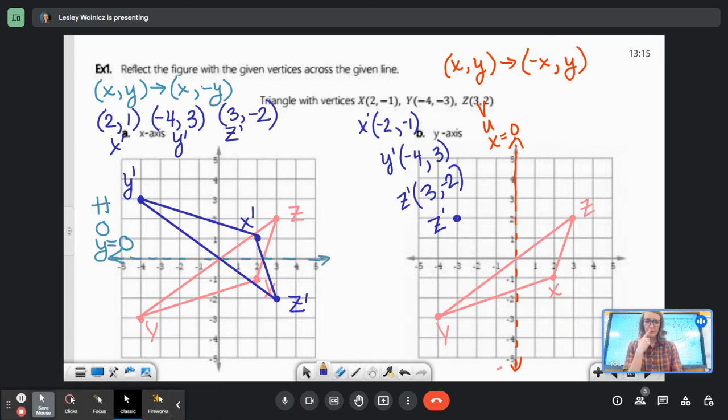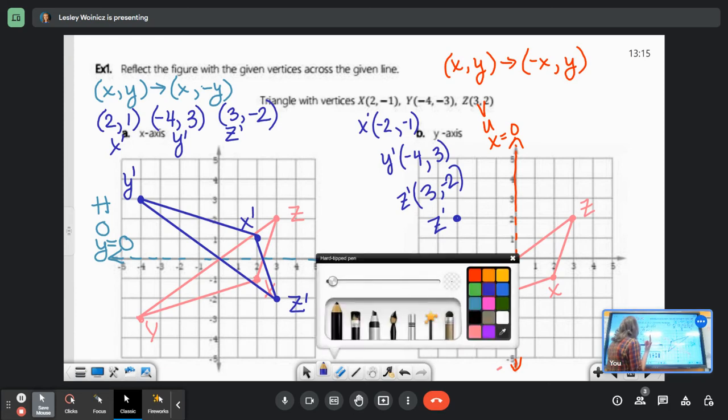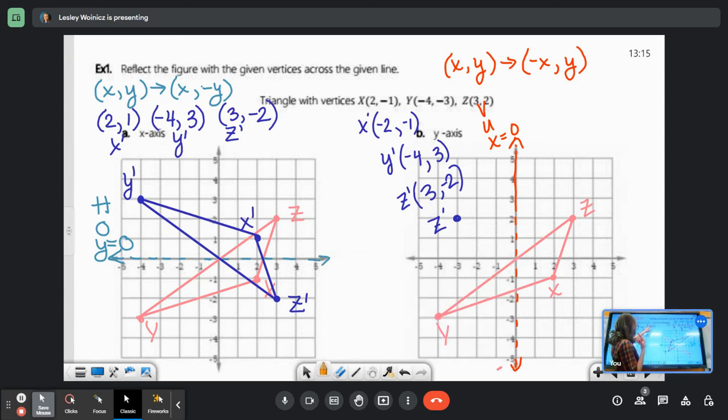Well, guys, I can't figure out how to go back and fix it, so I'm just going to let you laugh at me. Okay, I did the first one right for X prime, but these two I messed up. I started doing the rule for reflecting over the x-axis again. So I'm going to need you guys to help me go back and change them. We should have kept a negative 3 because we're keeping the y, and we should have changed the sign on the x.